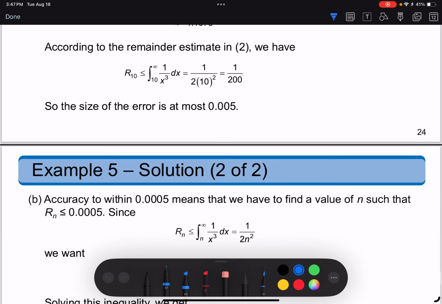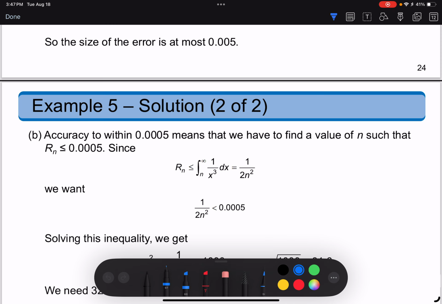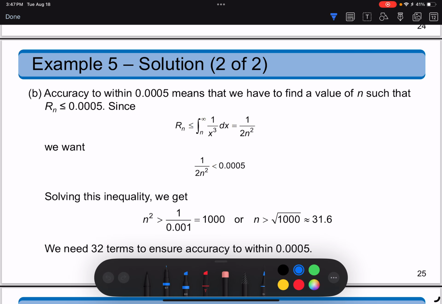If we want the error to be up to 0.0005, from the formula that we have for the error, 1 over 2n squared, we want it less than 0.0005. We can use cross multiplication because all of this would be positive. So we have 2n squared is equal to 1 over 0.0005. So your n squared would be 1 over 0.001, or 1,000.